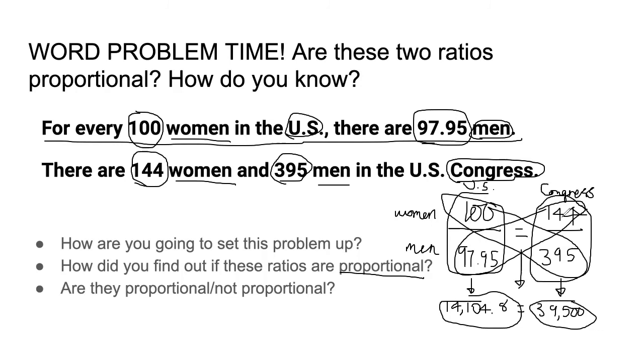If we had an accurate fraction or an accurate ratio of women to men in Congress, what we would see is the same amount of women to men in Congress. That would represent the US equally, because in the US, women and men are about the same amount. But in Congress, that's not true. We have pretty much over double the amount of men than women in Congress. Okay? So what that means is women aren't being represented fairly in Congress.